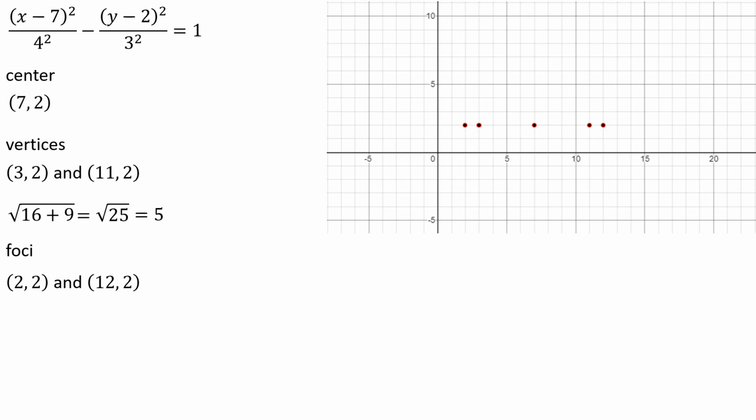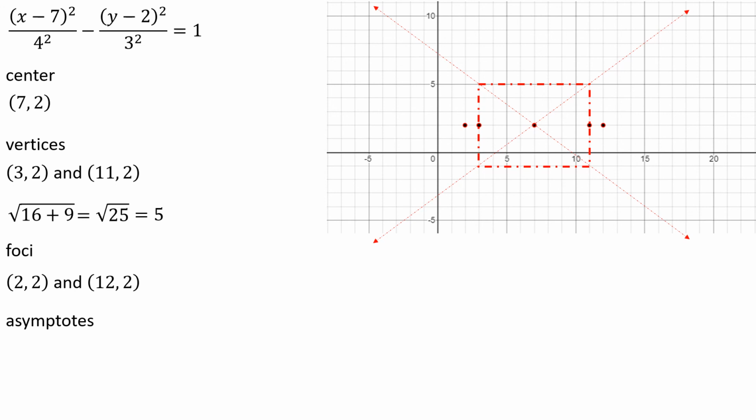So from the center, I have to go up and down 3 units. All right? So I've got a rectangle now. The rectangle goes through the vertices, and then I went up and down 3 units. And it's the diagonals of that rectangle that are going to be my asymptotes.